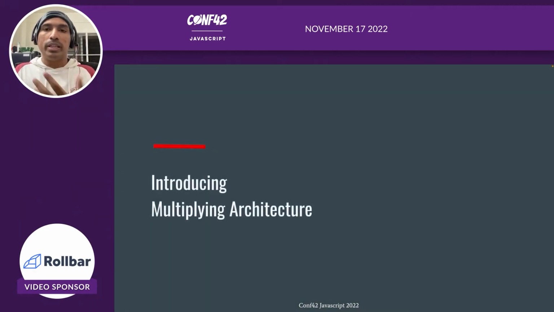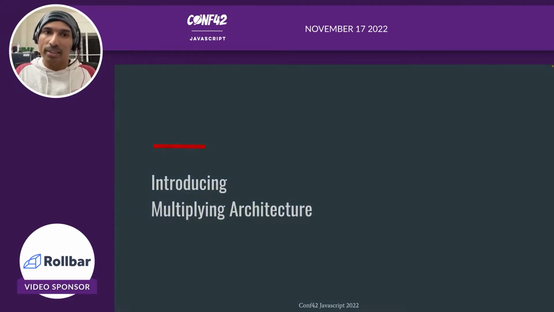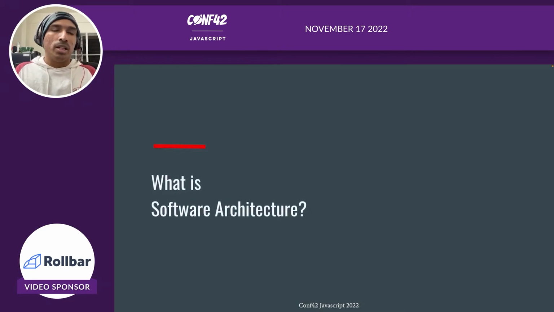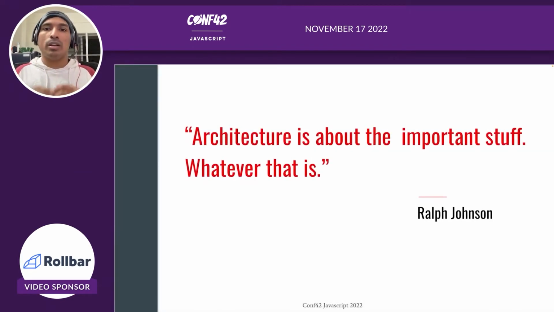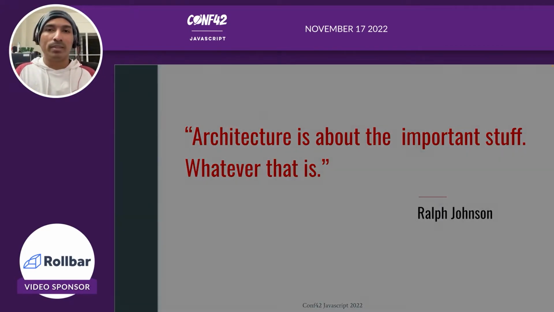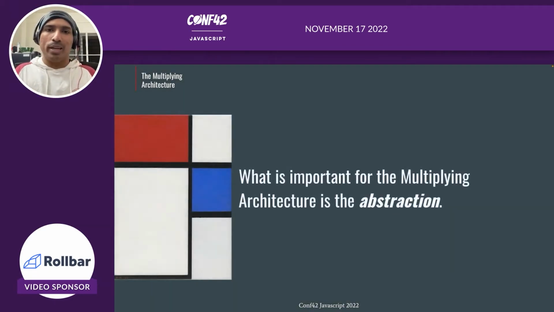So that's when we introduced a new framework called the multiplying architecture. Before understanding the multiplying architecture, let me explain what software architecture is. According to Ralph Johnson, software architecture is about the important stuff, whatever that is. So what is that important stuff? It is abstraction.